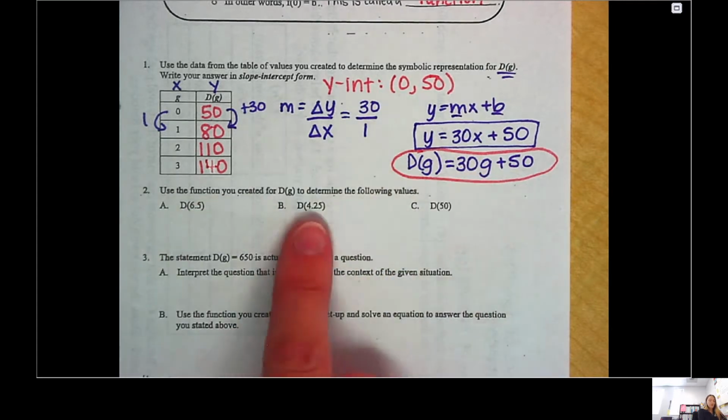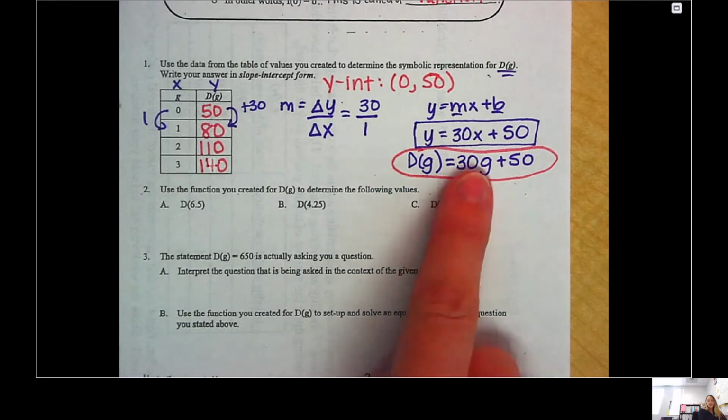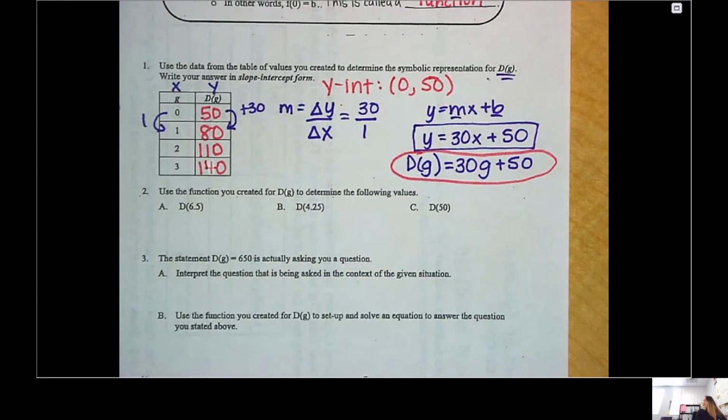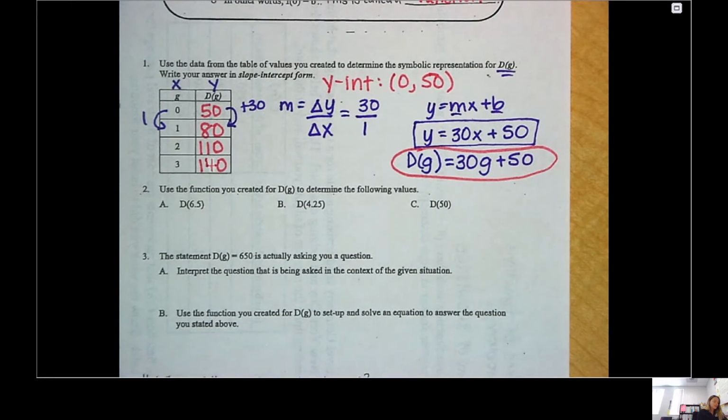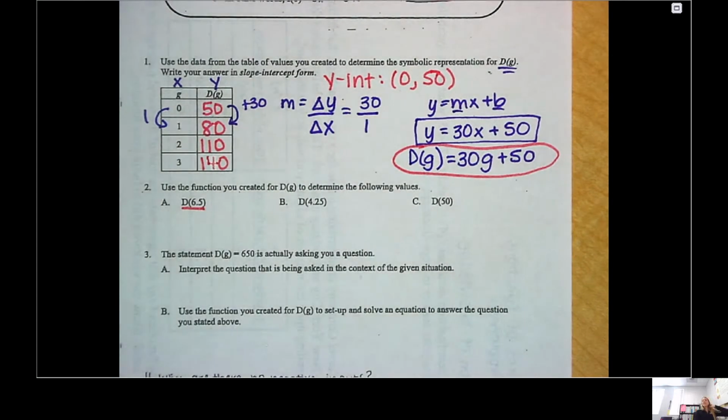You're going to plug in 4.25 for your g. You're going to plug in 50 for your g, and then solve. Okay, so you're plugging it in. Does that make sense?